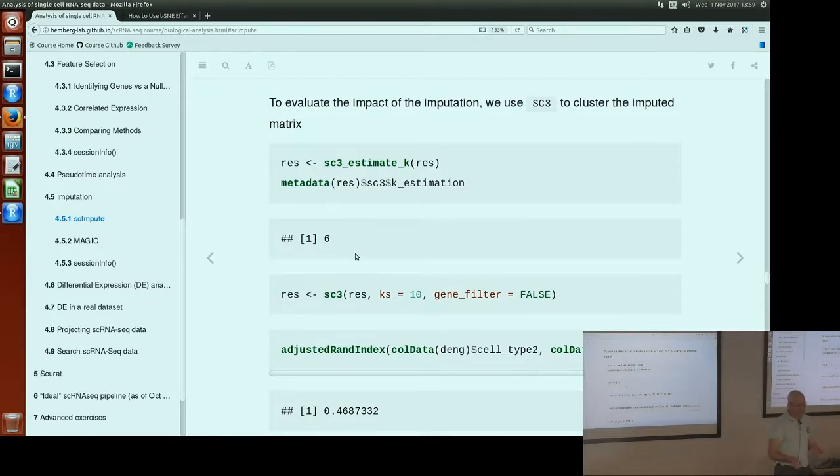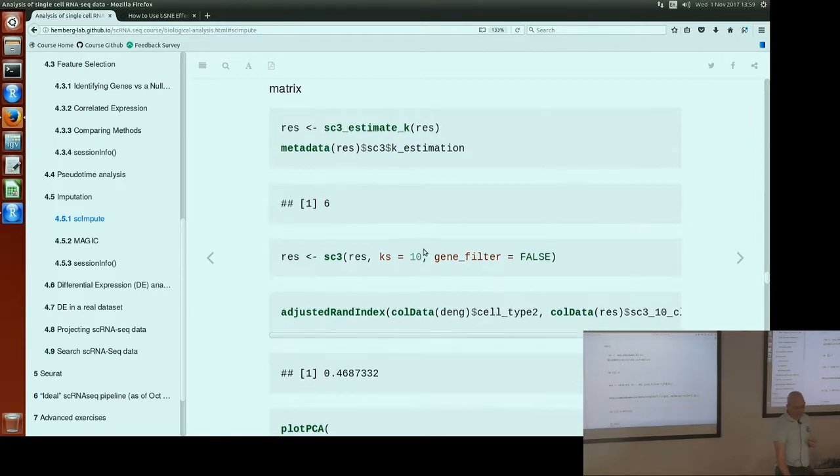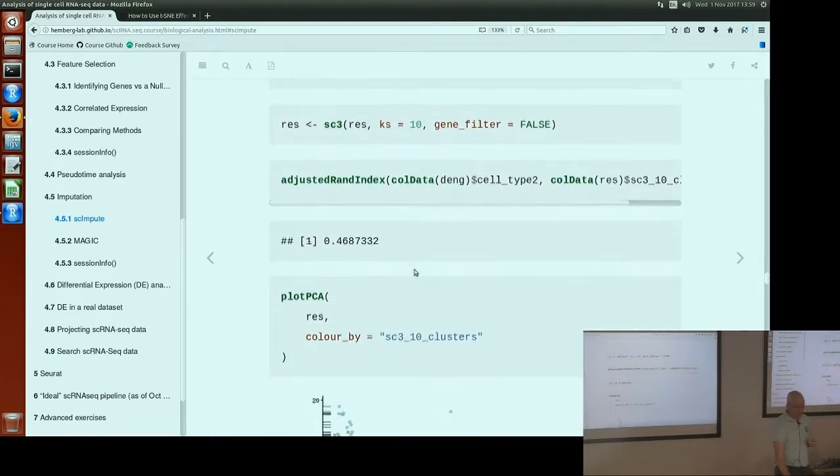To make the comparison with the original data easier, we still use K equals 10. And when we run it, we notice that the ARI for this new clustering is significantly worse than what we had before when we didn't do imputation.